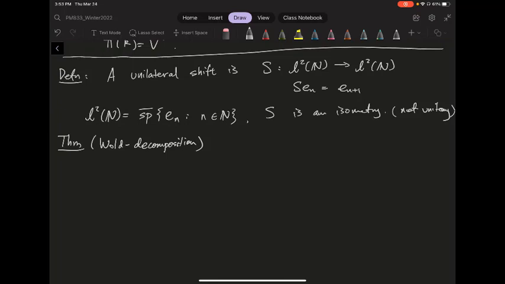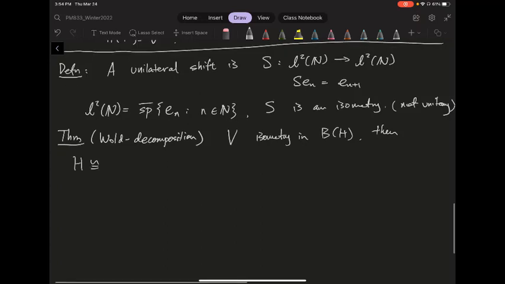All right, so what it says is basically the following. If you take any isometry V inside some B(H), then H can be decomposed as one part, let's say H1 plus H2. And your V is going to be decomposed as a shift, maybe some multiple of them. You can have a direct sum of these shifts, maybe alpha copies of them for some cardinal alpha.